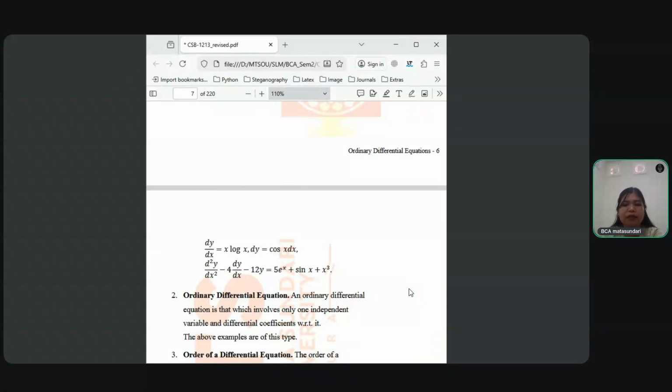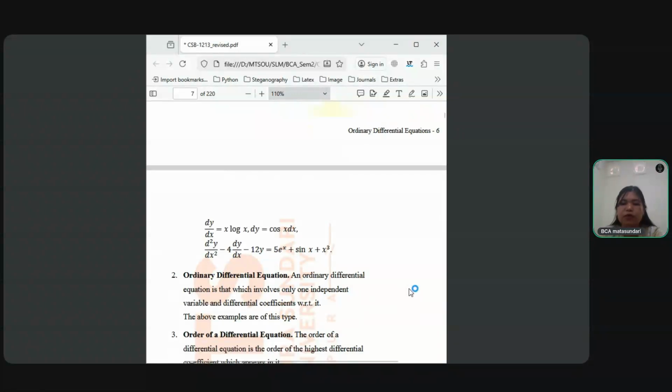Next, a second derivative equation: d²y/dx² minus 4 dy/dx minus 12y equals 5e^x plus sin x plus x³.